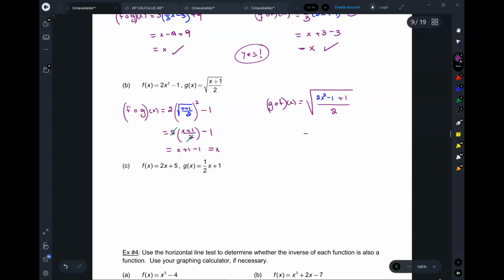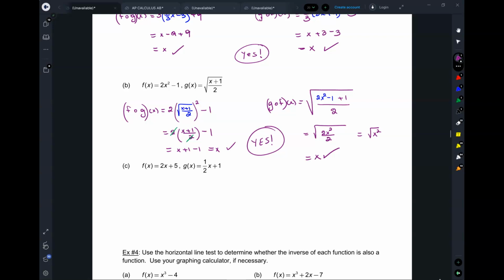What happens now? 2x squared over 2. Oh my gosh, the 2's go away. It's just the square root of x squared, which is just x. Look at that. So I do have to see the work for this one.